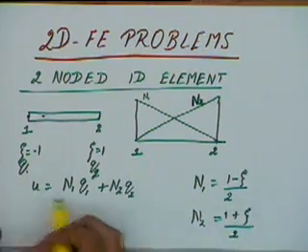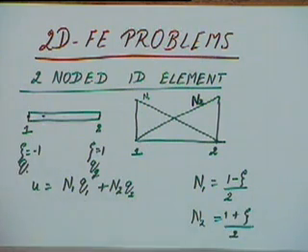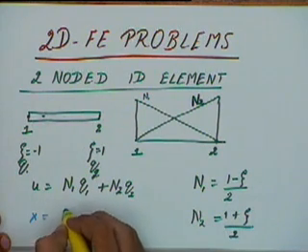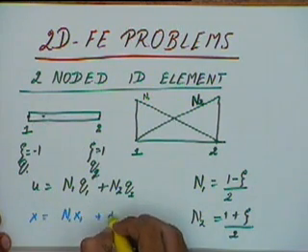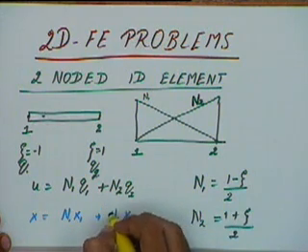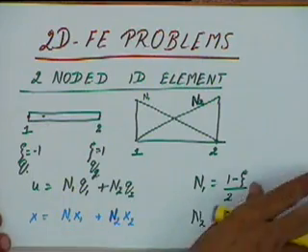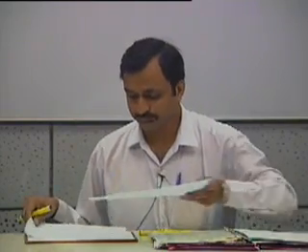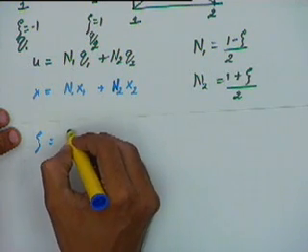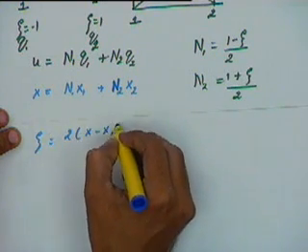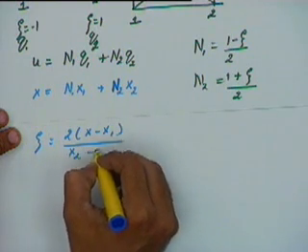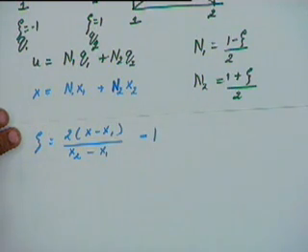Okay. If you notice in this case, I can also write x to be equal to n1 x1 plus n2 x2. Okay, just to verify this, we have said zeta is equal to 2 times x minus x1 divided by x2 minus x1 minus 1.